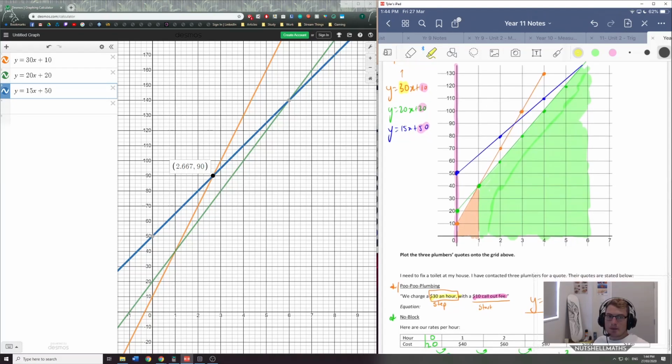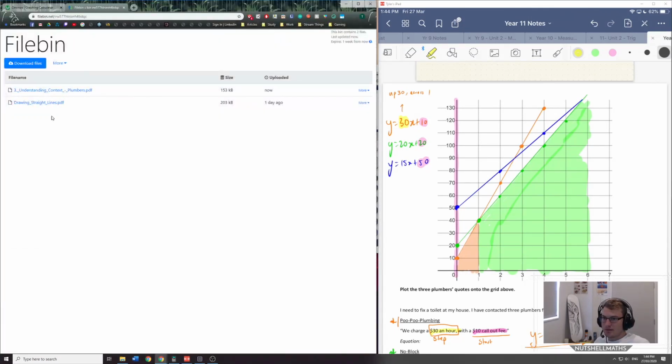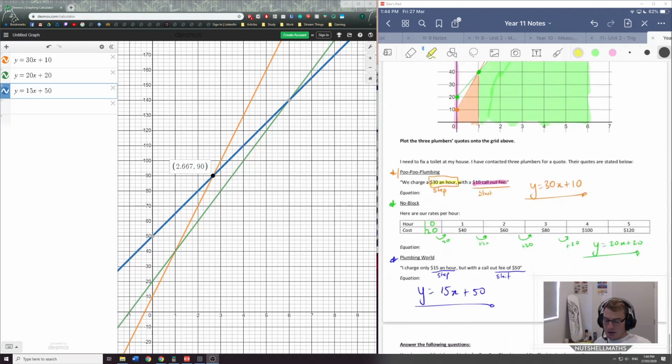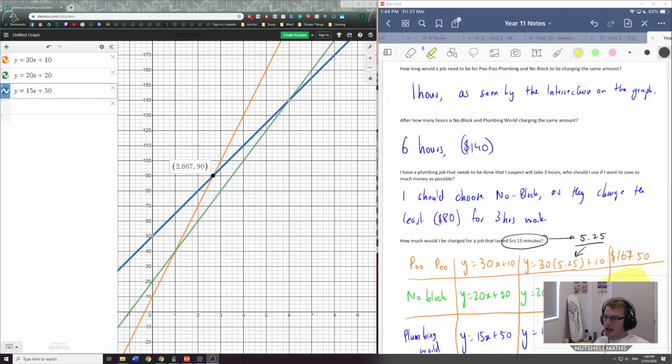But if you're not, then I can upload it to this file bin thing, in the exclamation worksheet location, and it'll be up there. But also, you can just come back to this video and scroll through different parts of it. So we've done everything there. Main thing is interpreting graphs and understanding it.